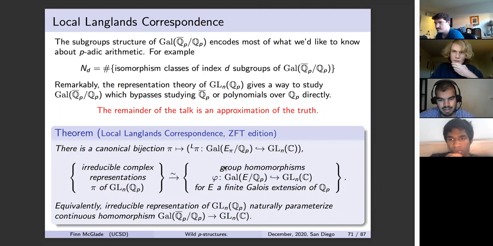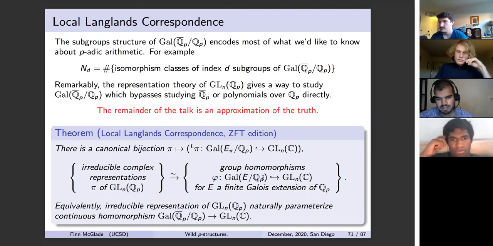But in the line above that, you say it's embeddings of Gal E over QP into GLNC. So basically, this Gal E over QP is the quotient by the kernel of this continuous homomorphism.